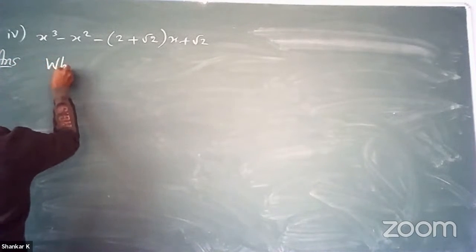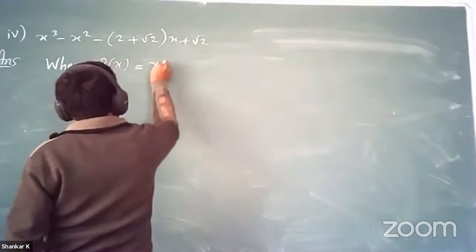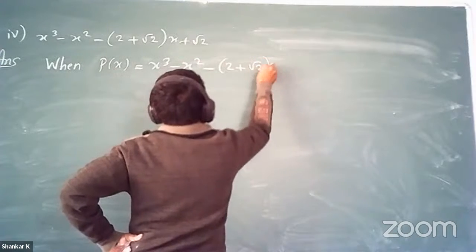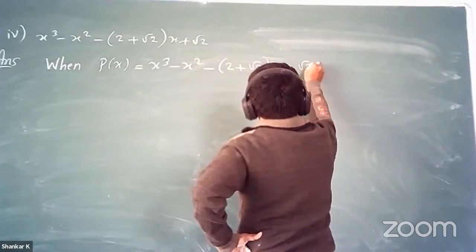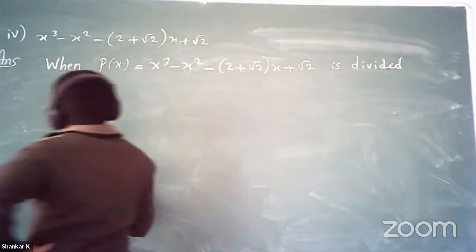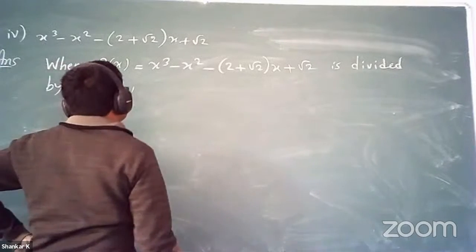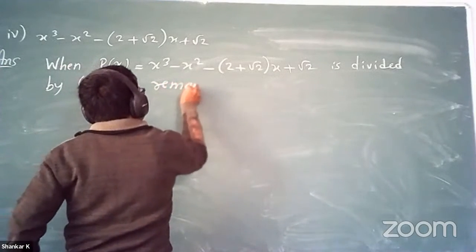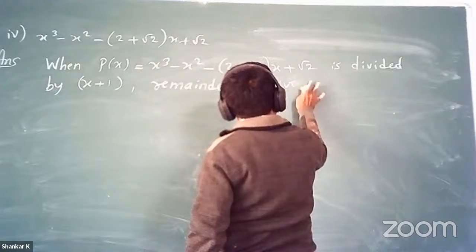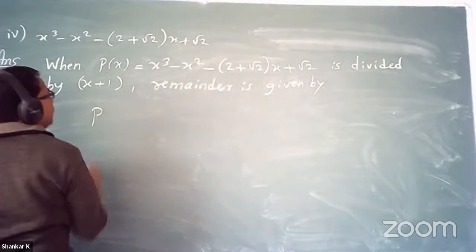When p of x equal to x cube minus x square minus (2 plus root 2) x plus square root of 2 is divided by x plus 1, the remainder is given by p of a.